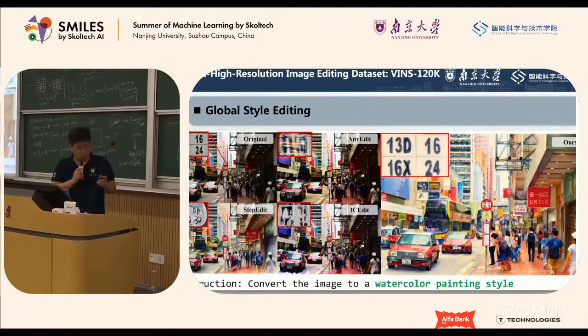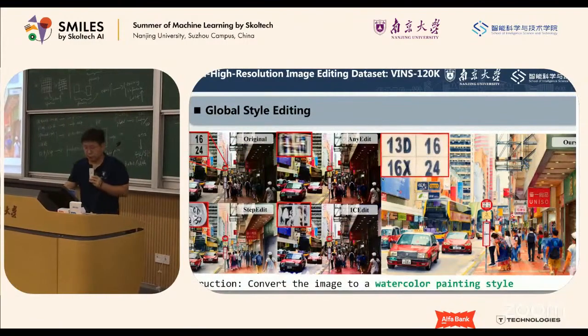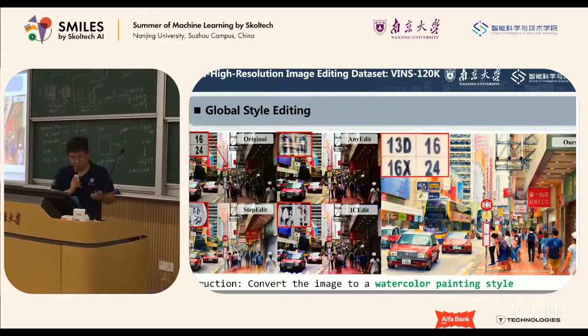So this example converts an urban street image into a watercolor style. This is a case for global style editing. A global style edit should affect the entire appearance while preserving the scene layout, the vehicles, the buildings, and texts as much as possible.